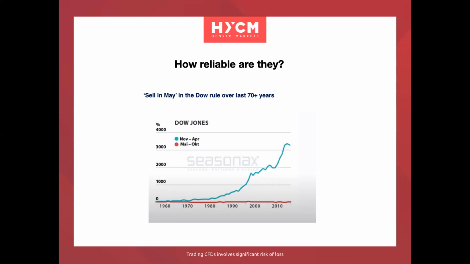But if you look at the return from November to April, you see there's over 3,000% return by buying the Dow Jones between November and April and not owning it at all between May and October. Straight away, you can see that there is very clearly a statistical seasonal pattern.